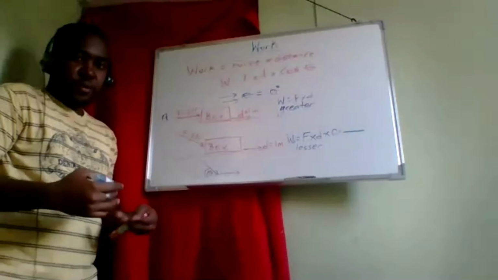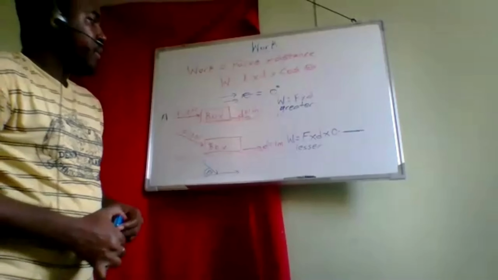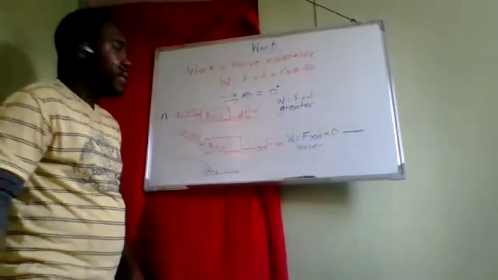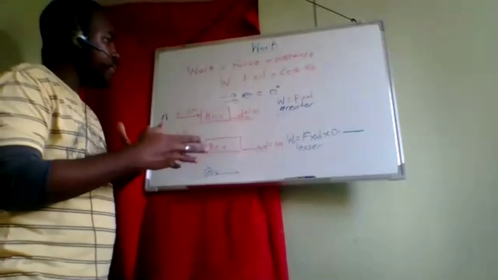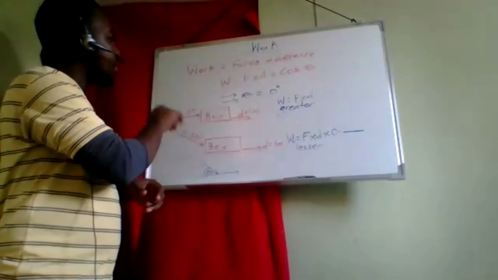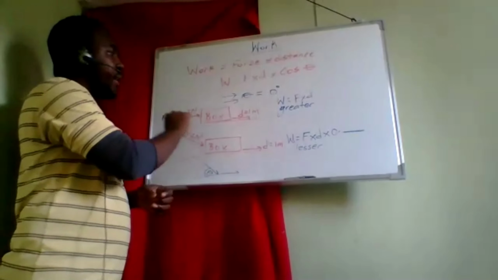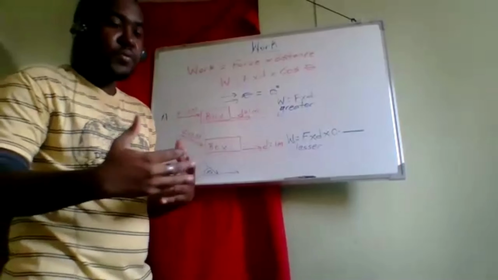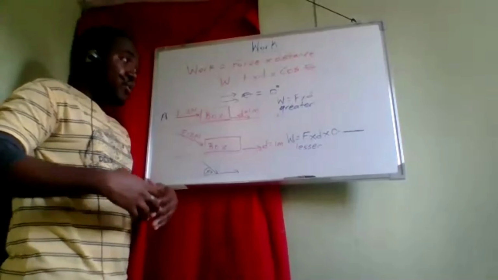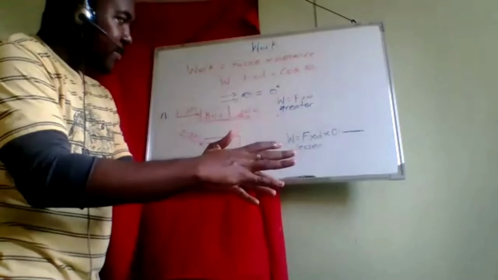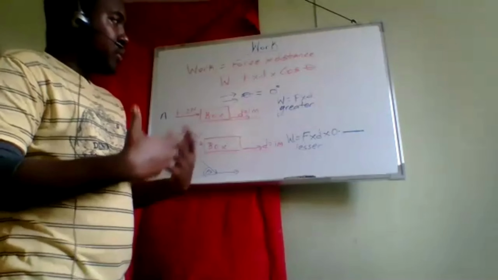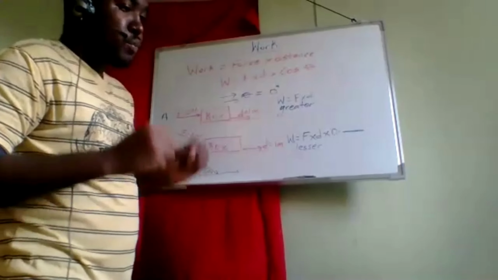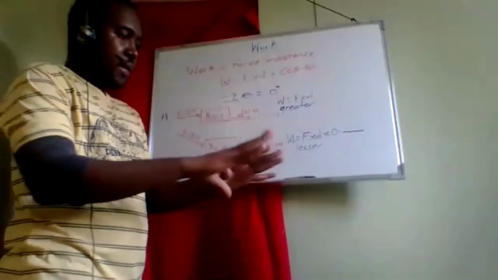So we now see that if you want to do more work with the same force, you ensure that the force being applied is parallel to the distance that the object needs to move. In cases where you want to move a box by pushing it, it will be done faster, with more work and less force, if you push the box forward in a parallel motion.